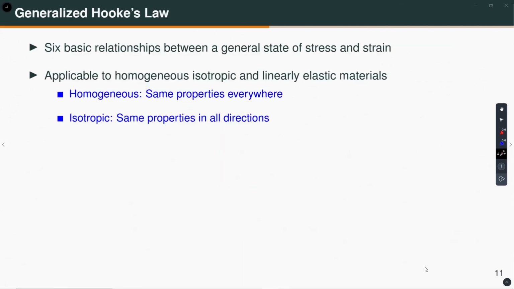With that, we are now in a position to determine the 6 basic relationships between stresses and strains for a homogeneous isotropic linearly elastic material. Homogeneous means same properties everywhere, and isotropic means the properties are the same in all directions, okay.